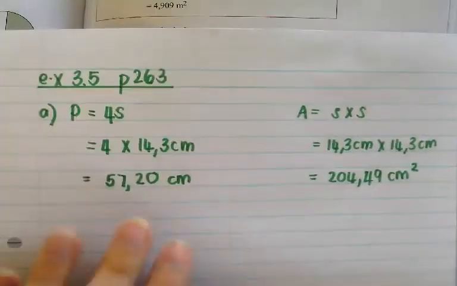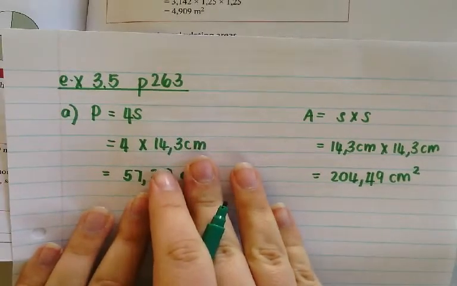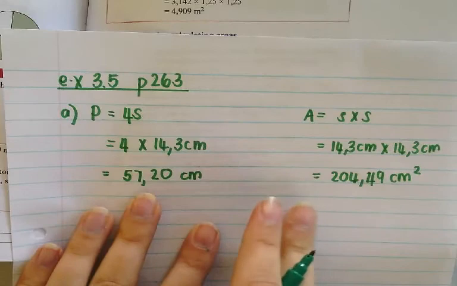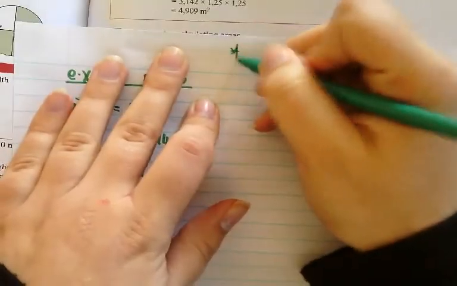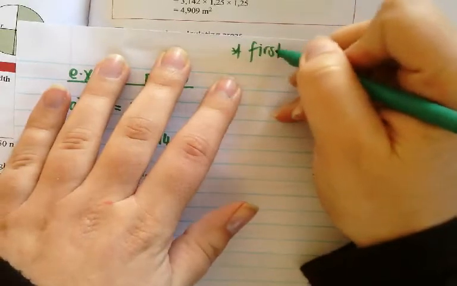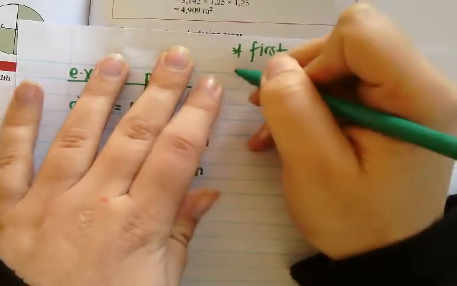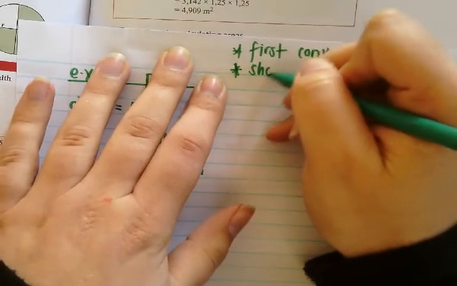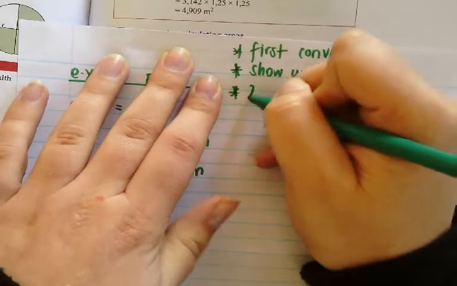So I want you to stick to showing your units, converting first if you have to, and 2 decimal places, please. So first convert if necessary. Show your units and 2 decimal places, please.